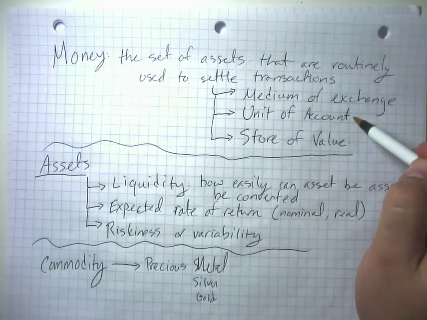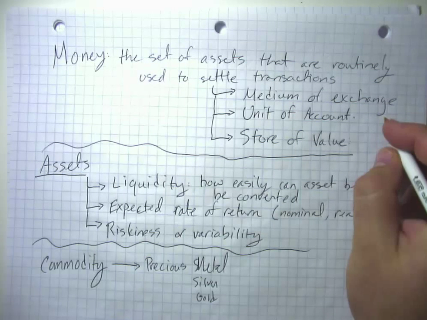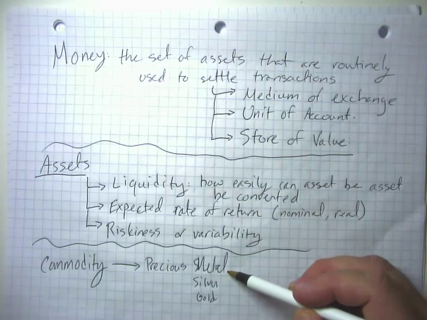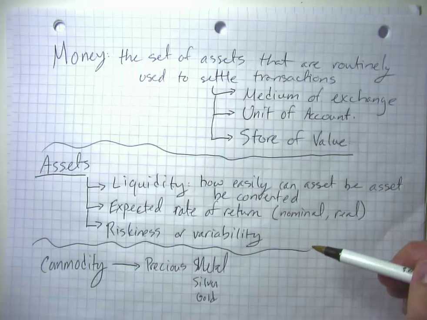As a unit of account, it would be desirable if all the units had the same quality level. And that might not be true of tobacco or cows. Different batches of tobacco leaf were more or less high quality than others, or some cows were more muscular and had more meat on them, and some were sick, and so on. So one of the advantages of precious metals is that you can produce them into a standardized level of purity and standardized weights, and obviously those are what we call coins.